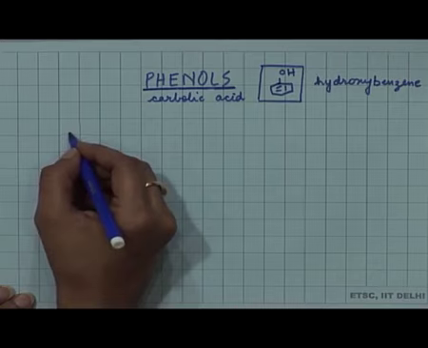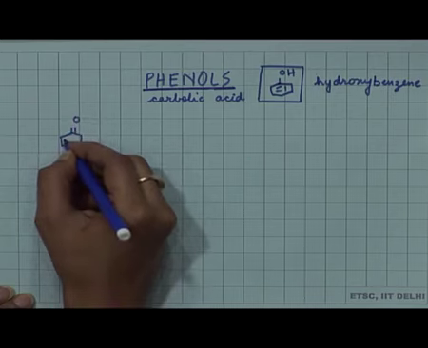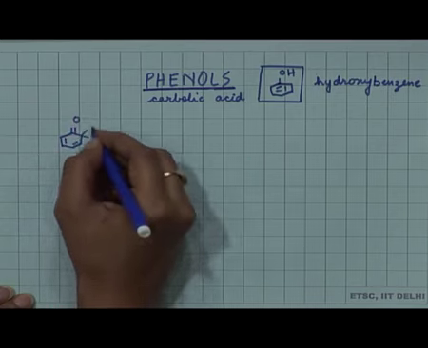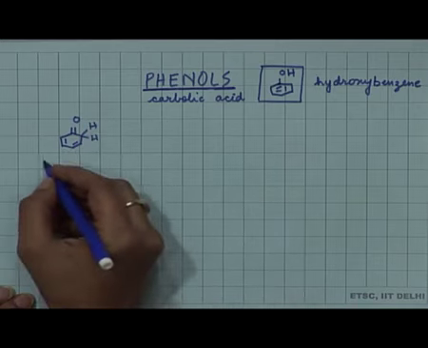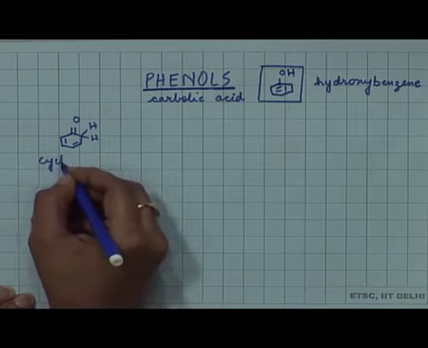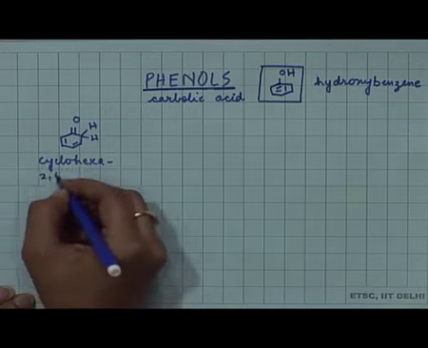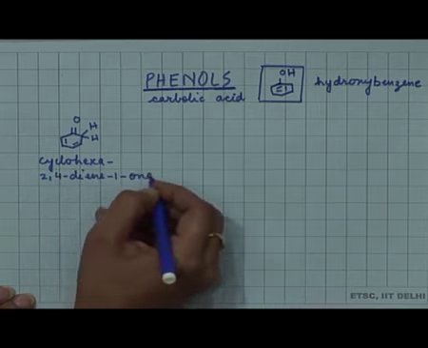If I rewrite this structure in another manner, for the same phenol, this is the structure of cyclohexa-2,4-dien-1-one.